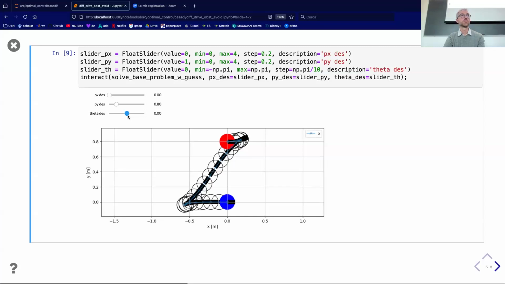And it works. And it works super fast as well, because every time I'm moving the slider, the solver is recomputing a solution from scratch and updating the plot. So everything is happening so fast that it's almost real time.